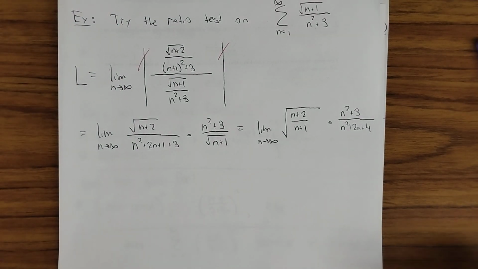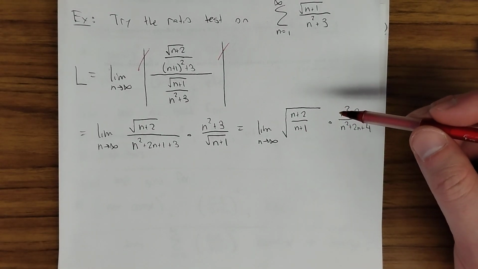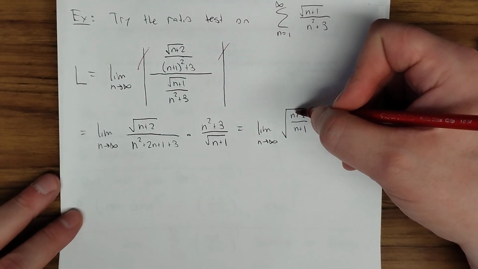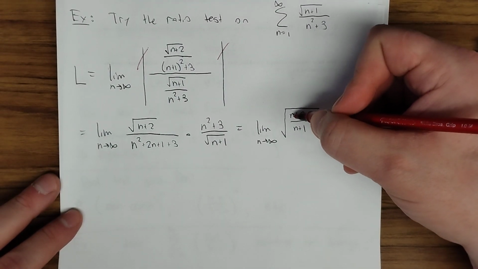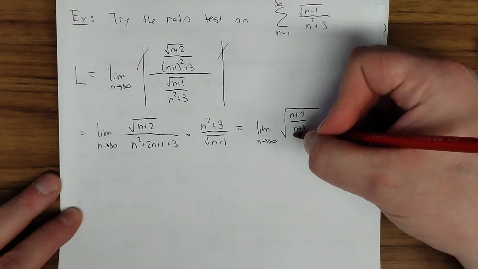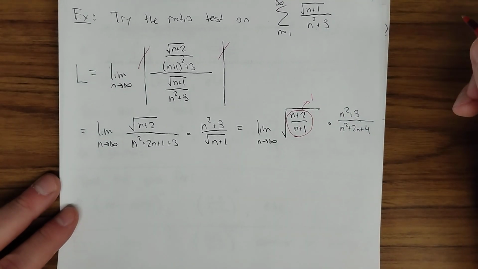And this sets me up to use a rule that we're very comfortable with by now. If you have a polynomial over another polynomial, you can just look at what the leading terms are doing. Underneath this square root, I have a polynomial over a polynomial, and they have the same leading term, n and n. So I'm comfortable saying this goes to 1.